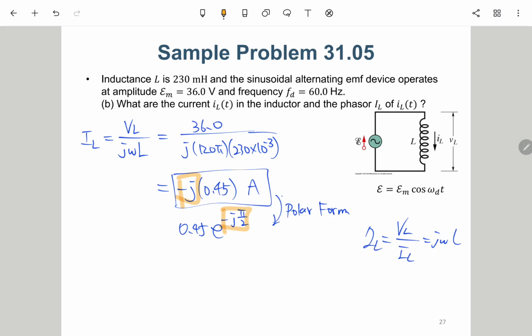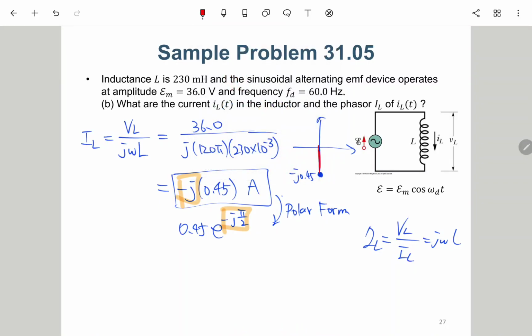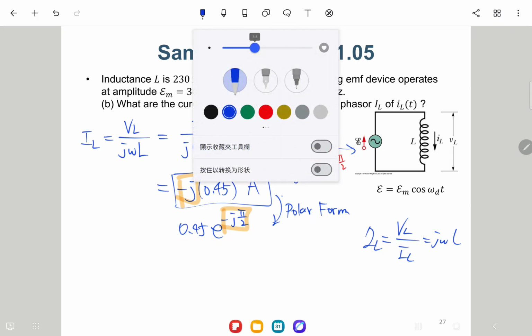So another idea is like you have something negative j 0.45. This will be the amplitude, so 0.45 goes to here, and then start from here. This is negative pi over 2, so it goes to here. Okay, so this is the polar form.